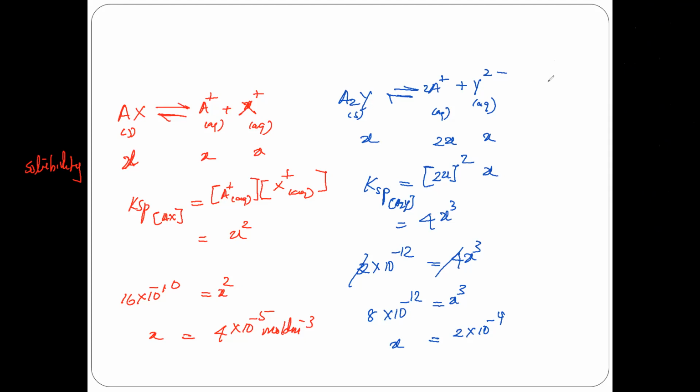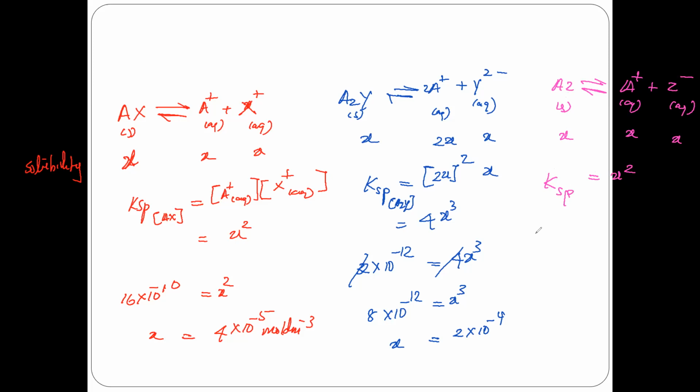Right. So the next reaction is AZ, which gives A plus and Z minus. This is aqueous, this is aqueous. And here again the solubility, if it is x, this is x, this is also x. So your Ksp is equal to x squared.